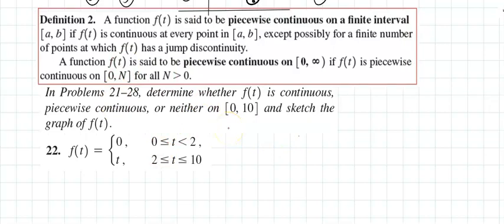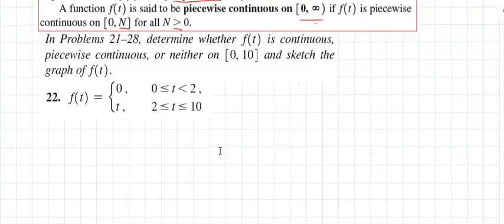A function f of t is said to be piecewise continuous on a finite interval if f is continuous at every point except at possibly some finite numbers at which you have just a jump discontinuity. A function f of t is said to be piecewise continuous on 0 to infinity if after some n it is continuous on a certain interval.